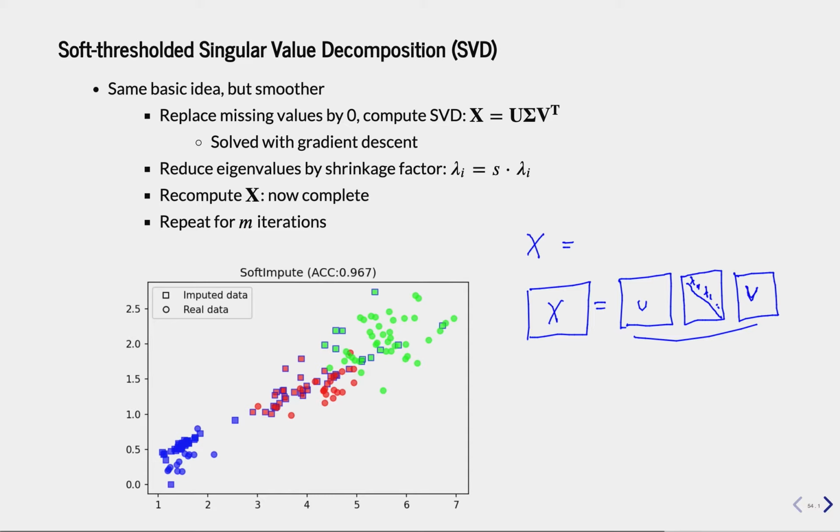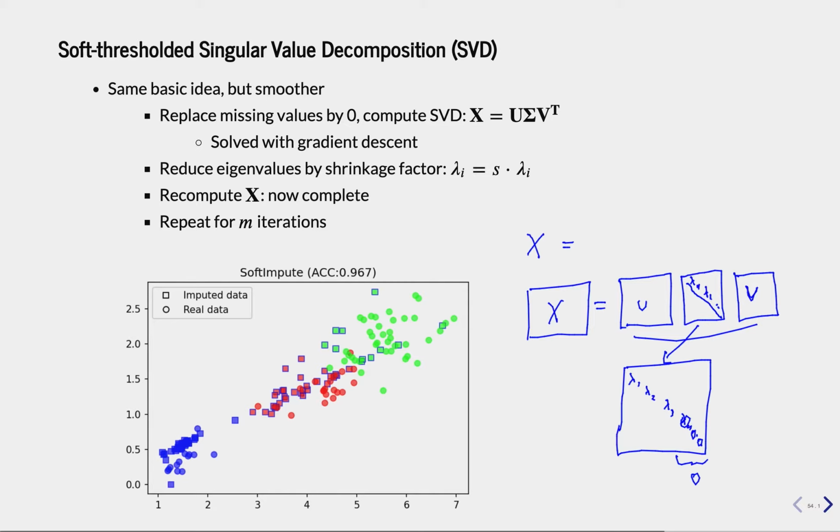The difference is that a normal low-rank approximation would take this matrix here. So we have here our eigenvalues, lambda 1, lambda 2, lambda 3, lambda 4. And a low-rank approximation would basically say every lambda value larger than 3, if we use rank 3, we set all these to 0. So all these values become 0. You can do that.